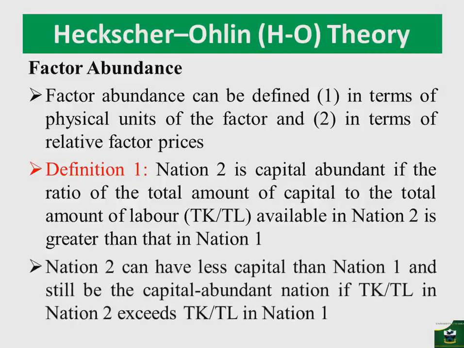Okay, so nation 2 can have less capital than nation 1 and still be the capital abundant nation as long as the ratio of the total units of capital to the total units of labor in nation 2 exceeds that in nation 1. So we can have, say, 4 units of total capital and 2 units of labor in nation 2, so that this gives us a ratio of 2.